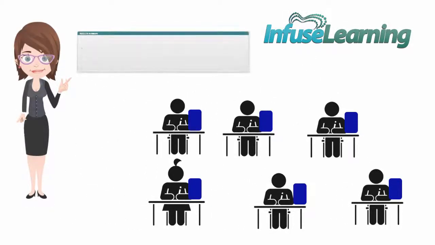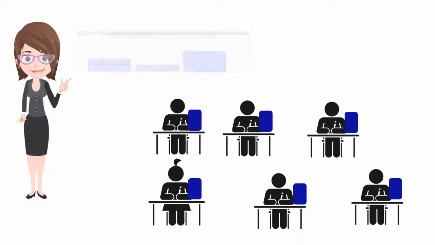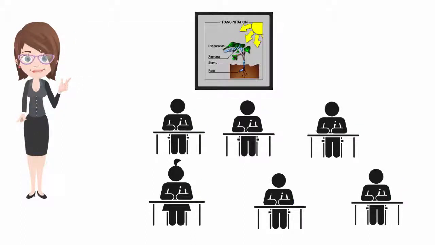Using the graph tools in Infuse Learning, she quickly learns that many students are confused about the concept of transpiration. She instantly redirects the class to this concept, and within a few minutes, all students understand the concept of transpiration and are able to continue learning.